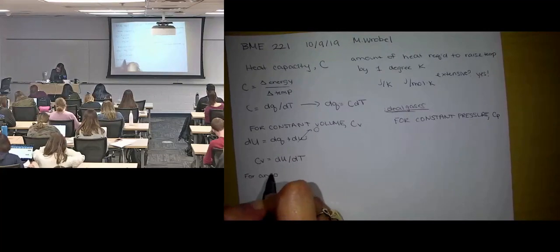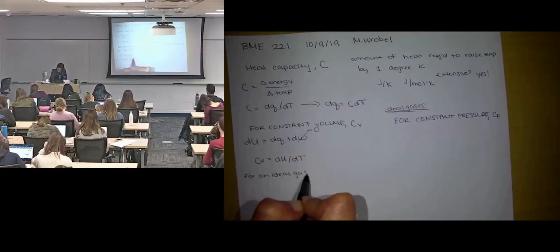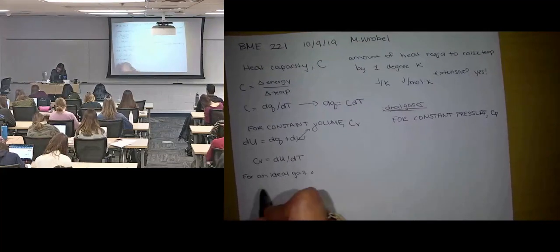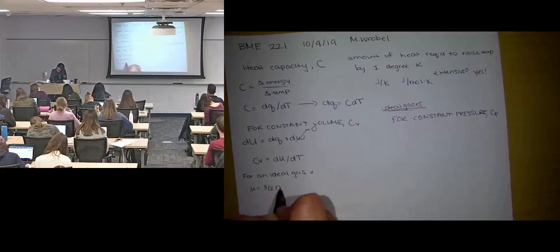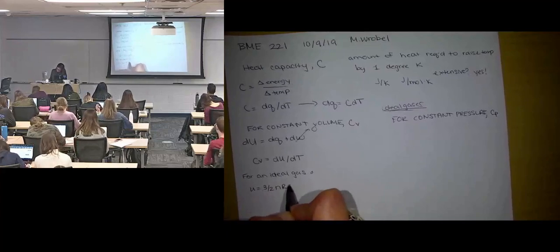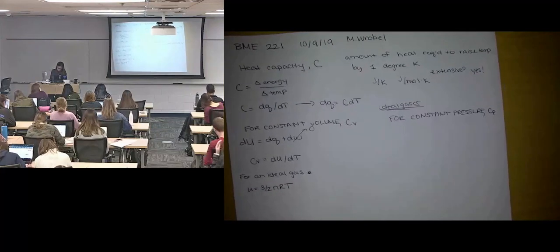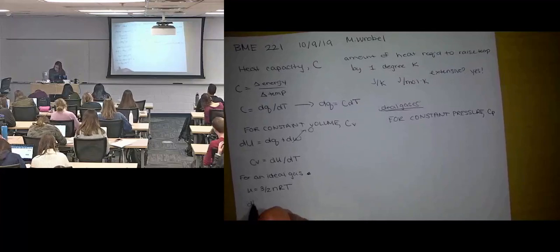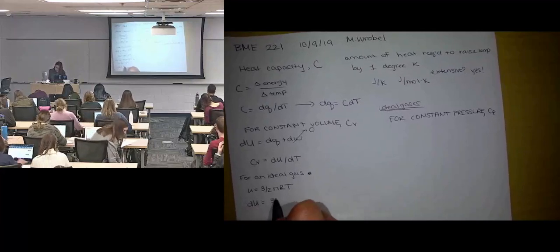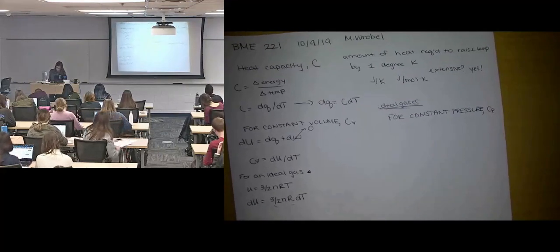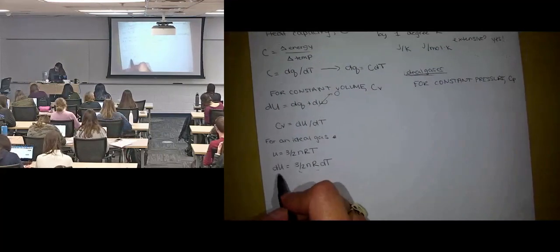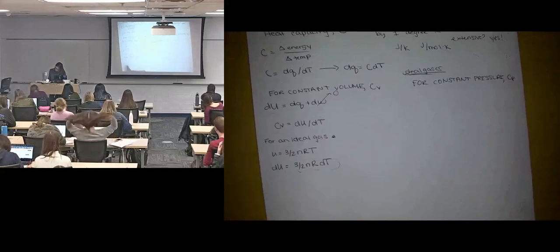For an ideal gas, we said that U is equal to 3/2 number of moles times the gas constant times the temperature. Okay. And again, this comes from the fact that we only have kinetic energy. All right, dU is equal to 3/2 nR, these are all constants, dT. Okay, so then plug this piece into the equation above.